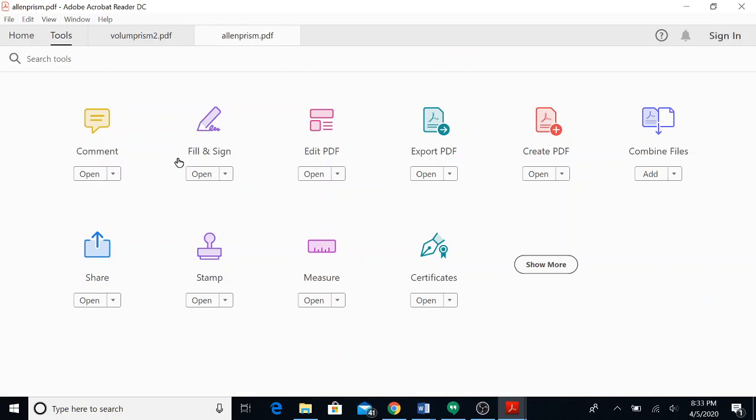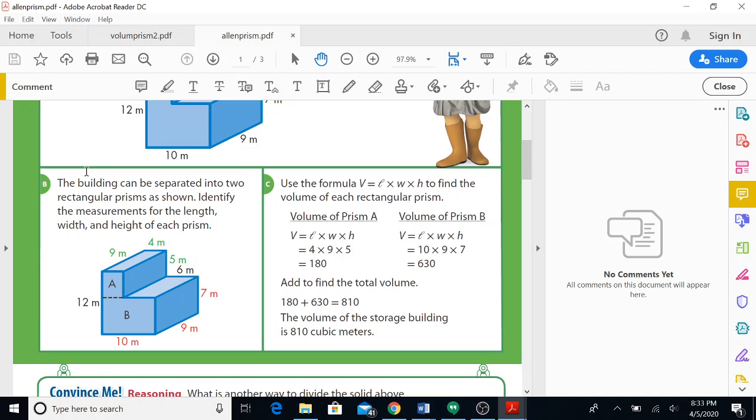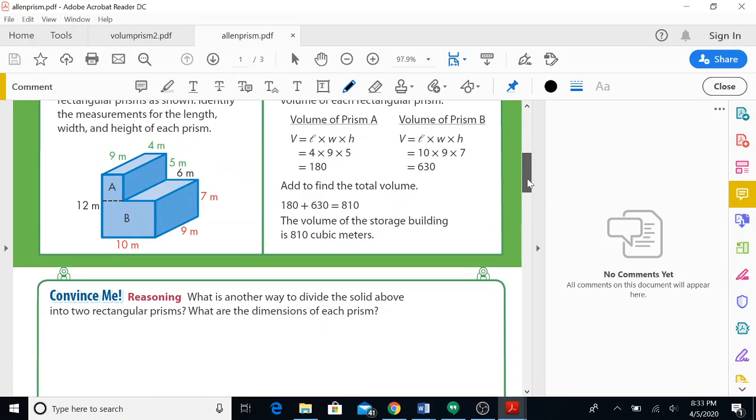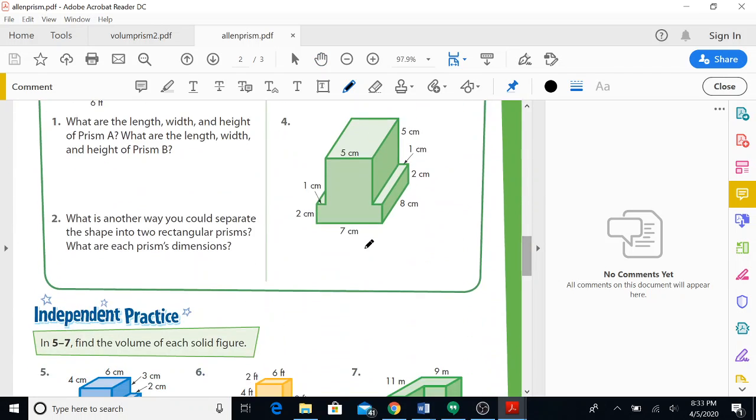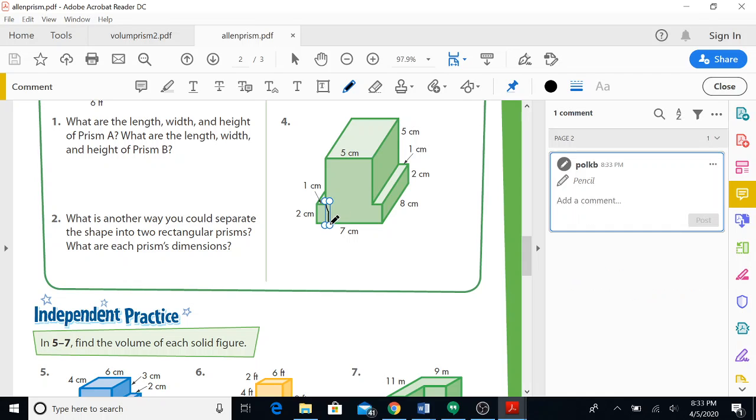I'm going to go to Tools, and I'm going to click on this one that says Comment. And I'm going to open up the tool for commenting. When I do that, that gives me the ability to draw on the paper. So I can go ahead and I can separate all the figures that I want to. And I'm ready to do some work on the computer.